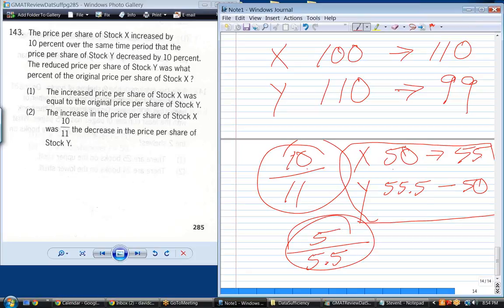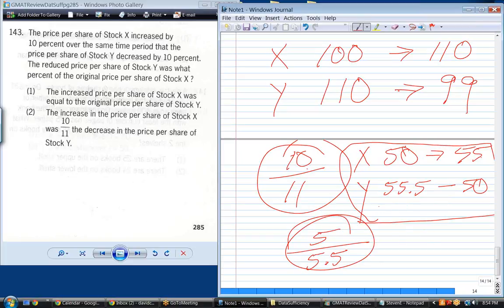In other words, if I let X go from 50 to 55, it goes up by 5. So in order for that ratio to be 10/11ths, Y has to drop by 5.5. So it would have to go from 55.5 down to 50. But notice that that is not a 10% drop. Or is it?